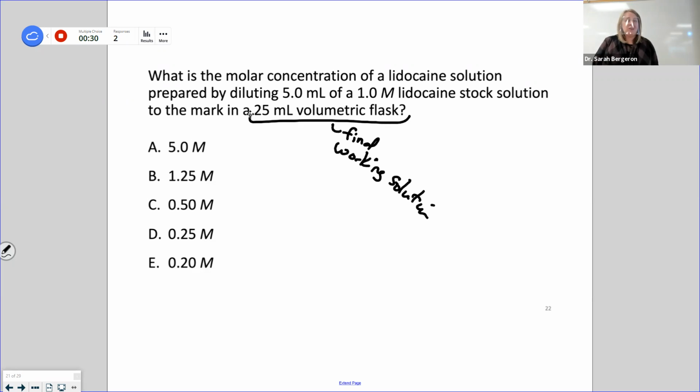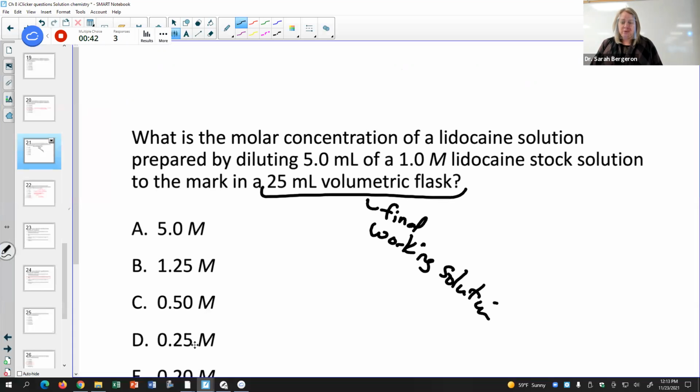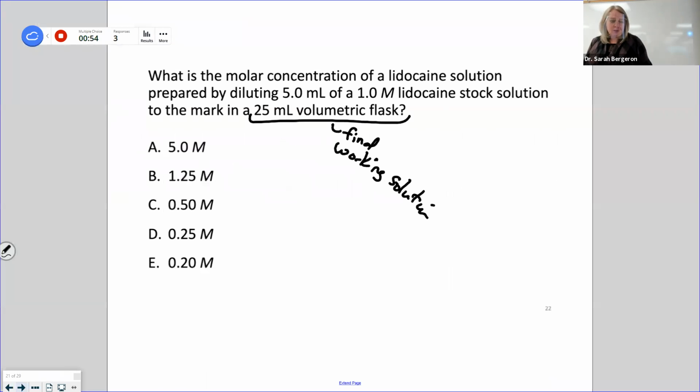So there's a formula, and I'm going to give you 3 minutes to do this one. Try to make it.